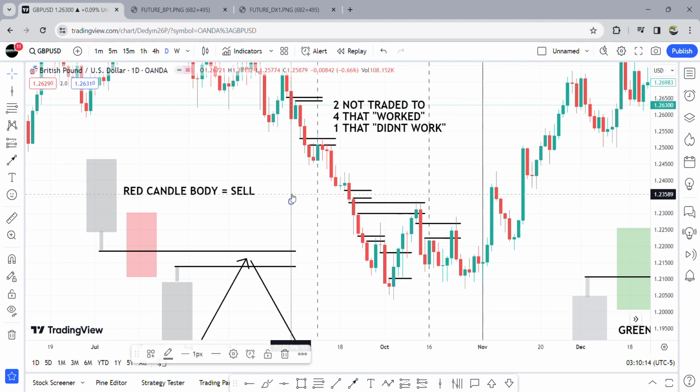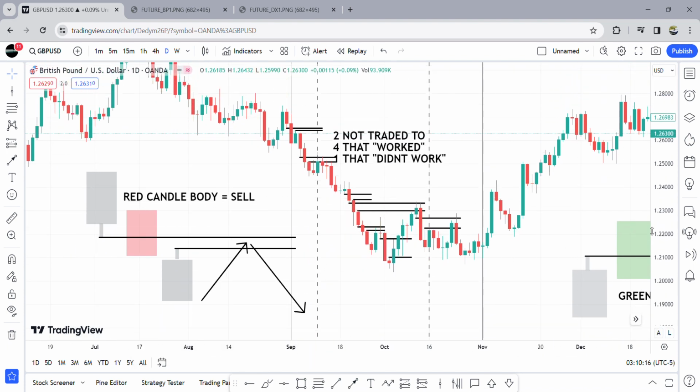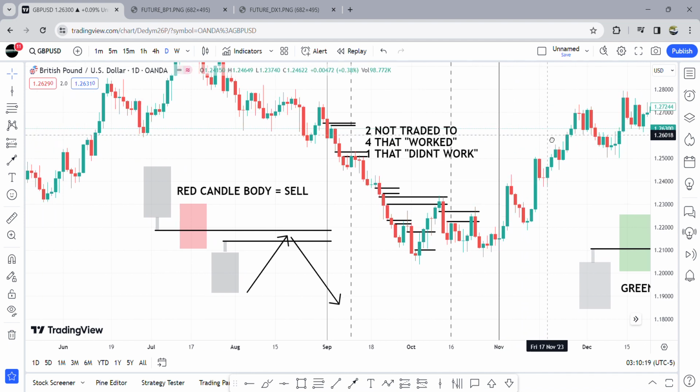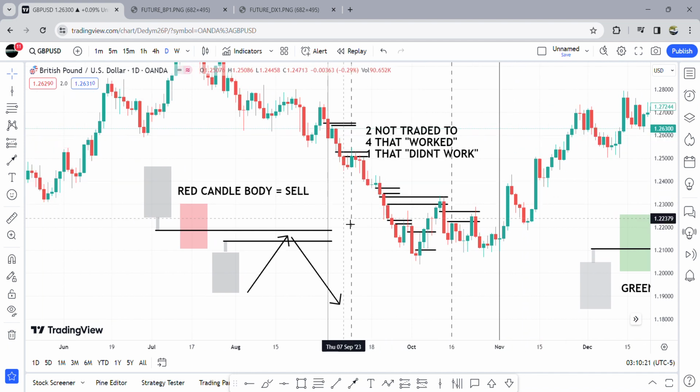And as you look more into these concepts of candles not overlapping and touching each other, you'll realize that certain things mean certain things.